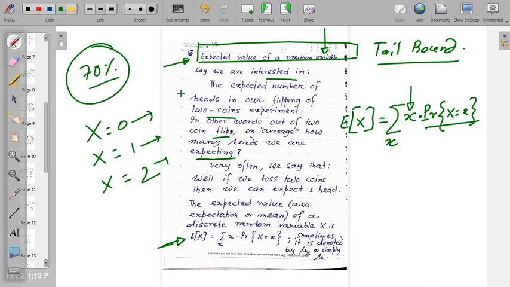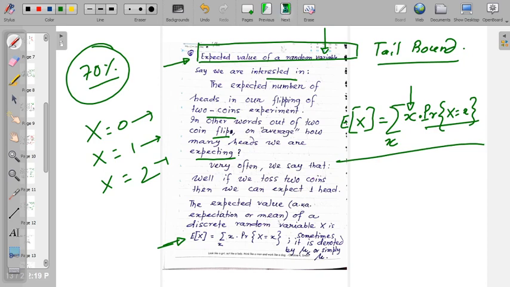But as far as computer science is concerned, it's all about counting problems, and counting fits heavily in the discrete scenario. So until stated otherwise, we are talking about discrete random variables. So this is the definition of expectation.